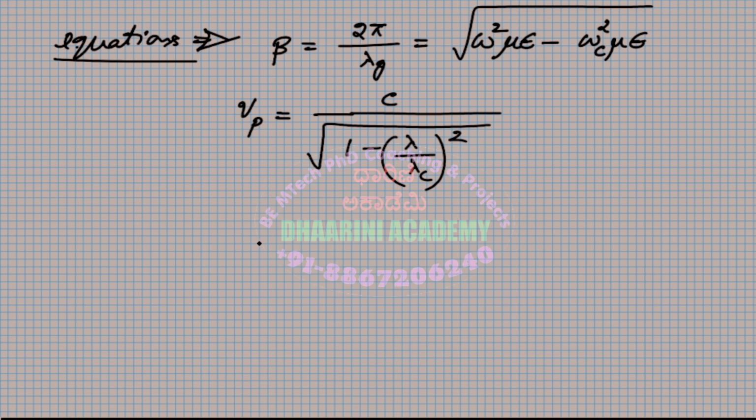If you want to go for a Vg, the group velocity, it can be calculated in this way. So I'll write c times, c is the velocity of light in free space, this times 1 minus lambda divided by lambda c the whole square, right? You see that the root term comes to the numerator. That's all.